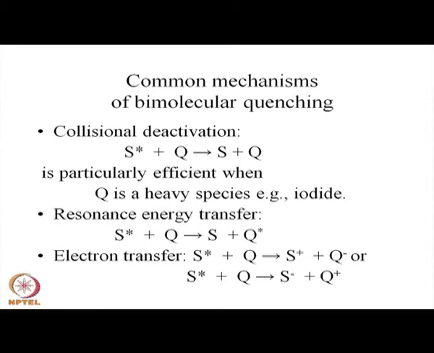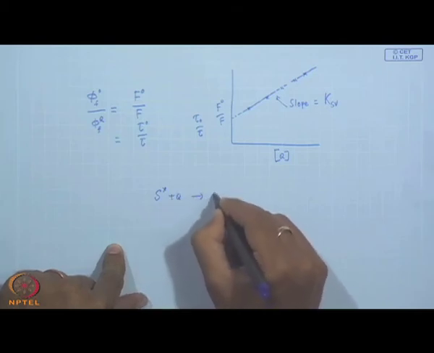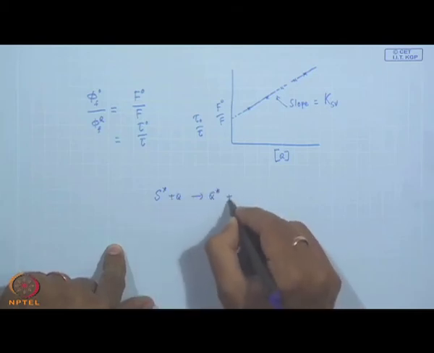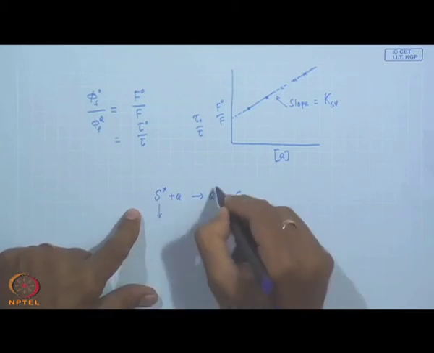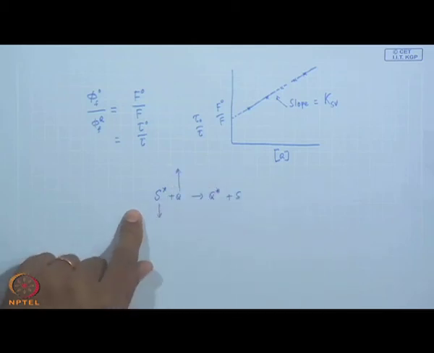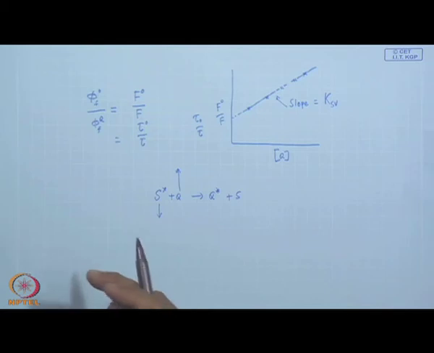Heavy means a heavy atom like iodide, bromide or something like that. Then it may be resonance energy transfer, that S star plus some quencher Q, then Q becomes excited, Q star, and S is deactivated. So, it gets deactivated and the other gets excited. Maybe electron transfer.